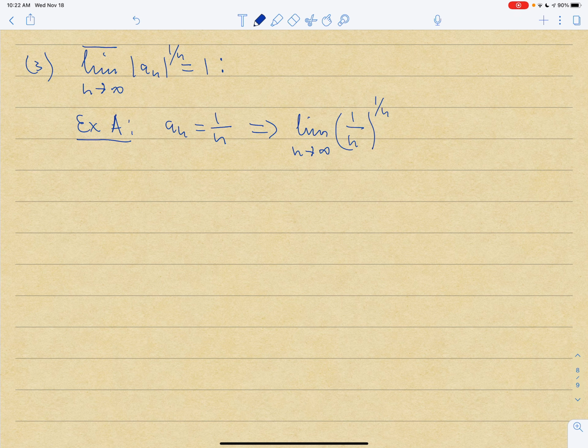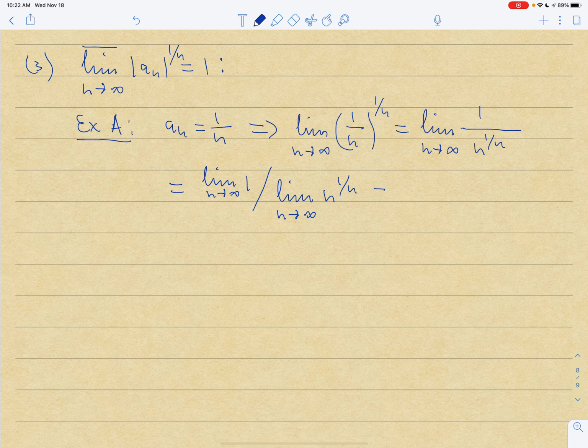So this is the same thing as the limit as n goes to infinity of 1 divided by the limit as n goes to infinity of n to the power 1 over n. And from before, we know that this is 1 over 1, equal to 1. Okay?